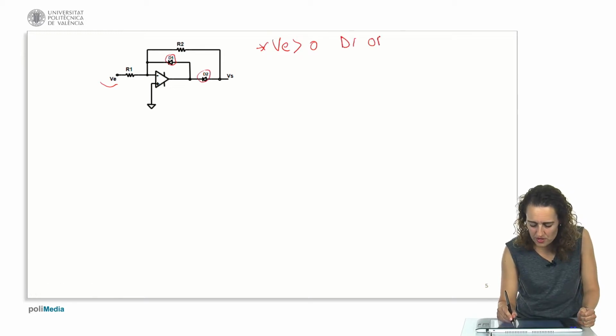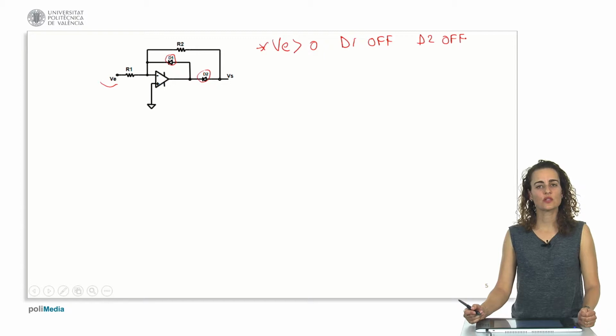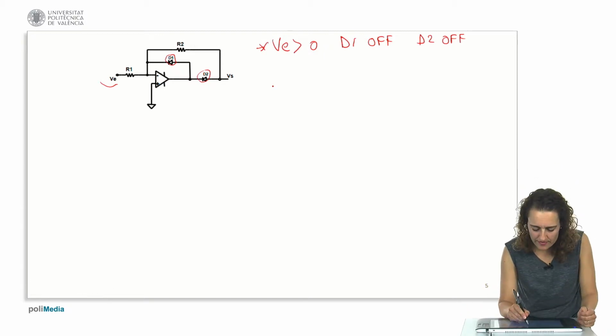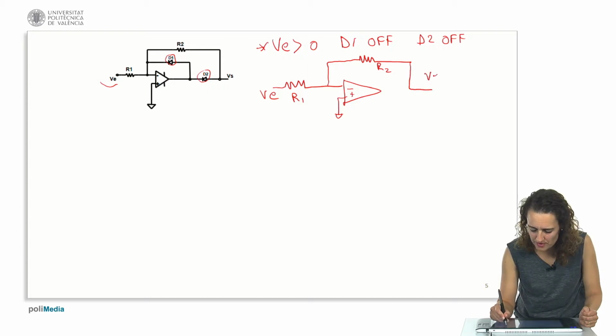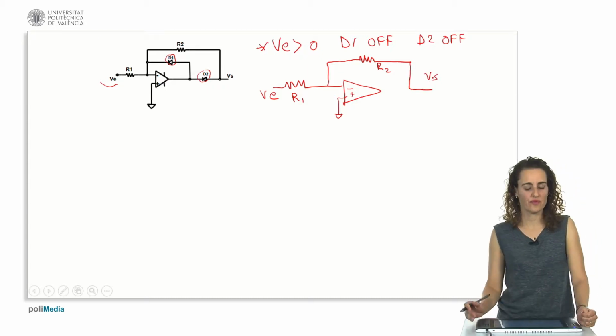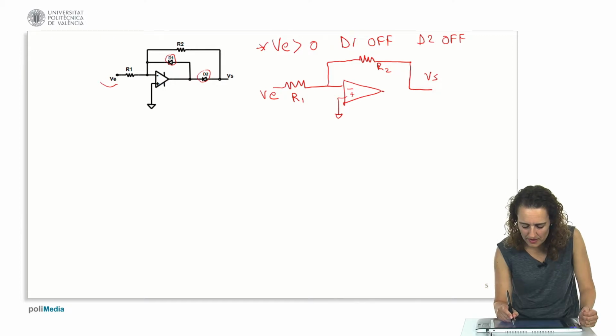This is my first supposition, which I have to demonstrate is true or false. With these two diodes off, the circuit left would be the following one. Here I would have R1, the input, then the operational amplifier, and R2 connected to the output Vs, and the two diodes are off. So this is the circuit remaining.